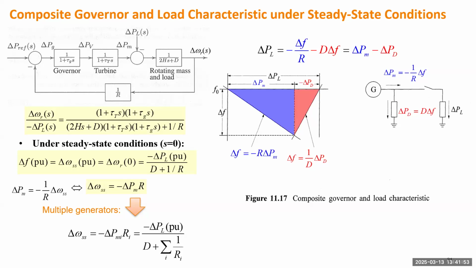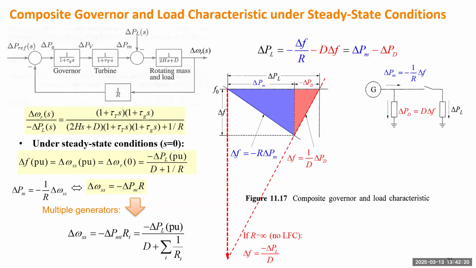So if we color those two triangles in blue and red, which indicate how each component can influence the final frequency deviation, let's consider extreme conditions. So what if I have no load frequency control? When I have no load frequency control, R will be infinite, right?